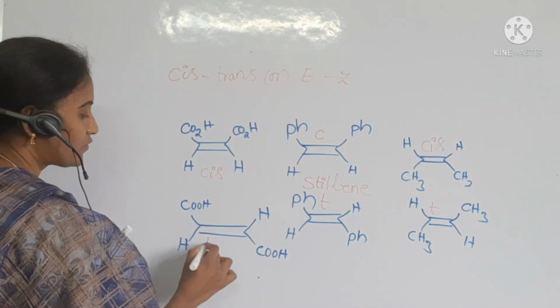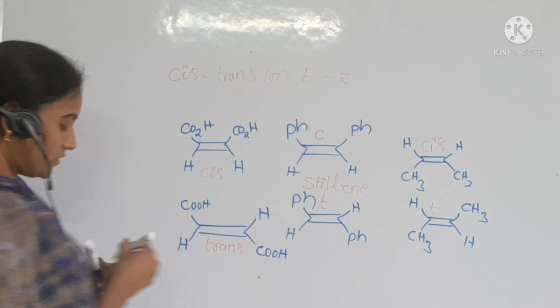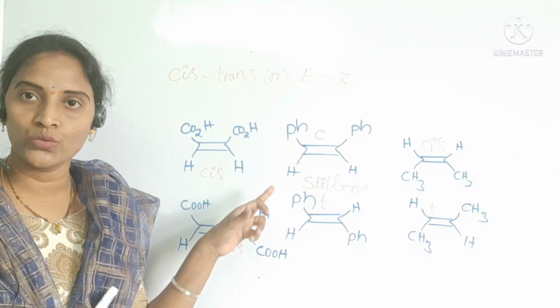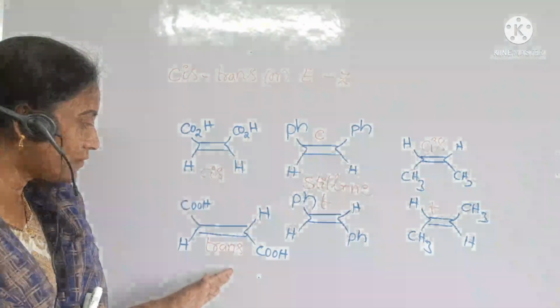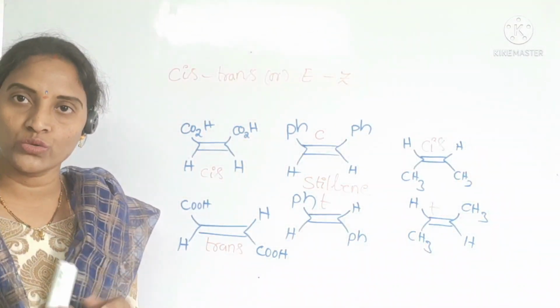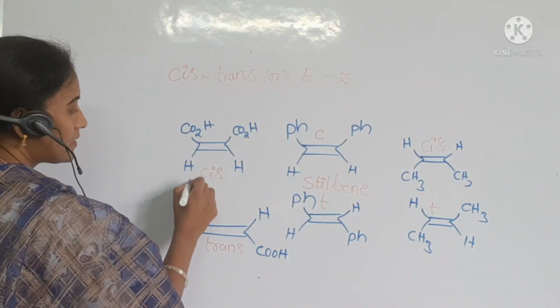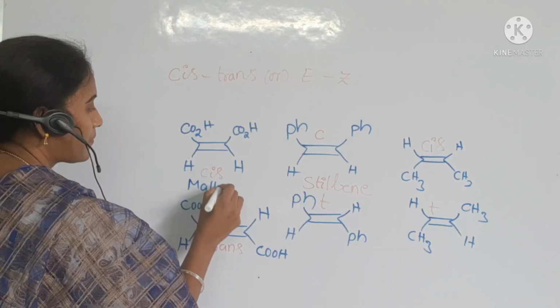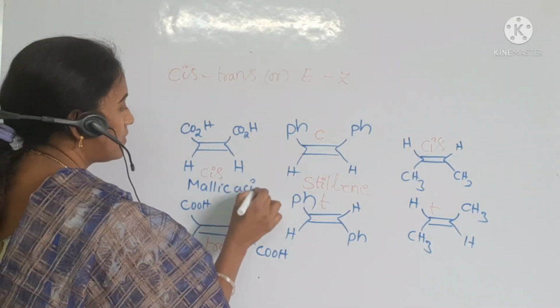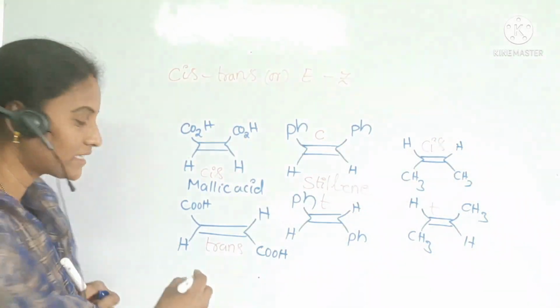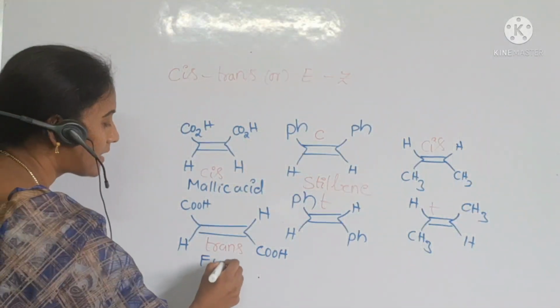It is the trans form. So what is the name of the cis form, and what is the name of the trans form? This cis form is known as maleic acid. This trans form is not trans maleic acid. This trans form is fumaric acid.